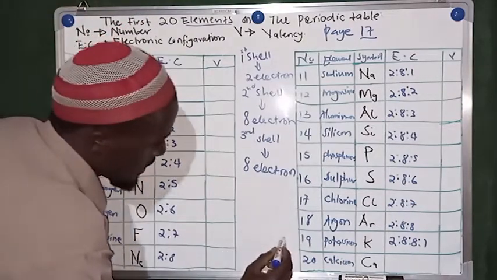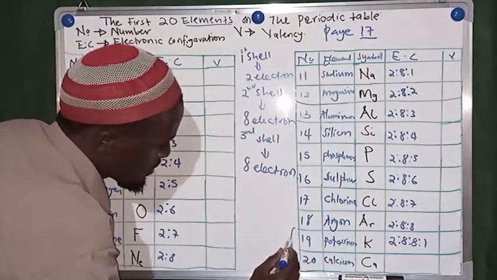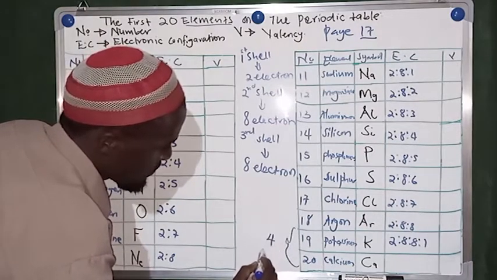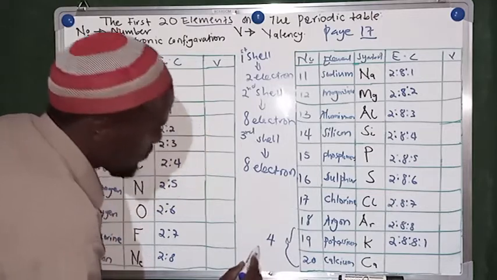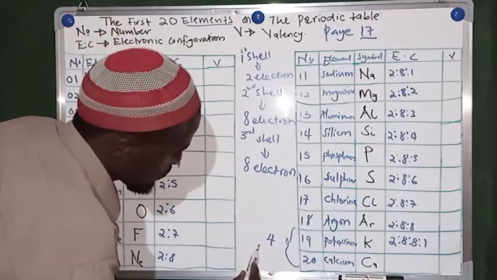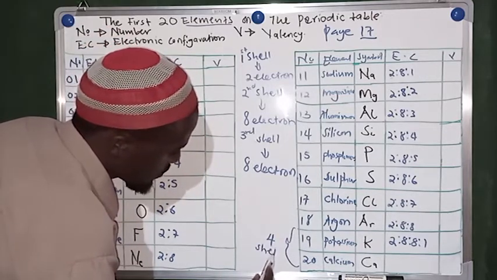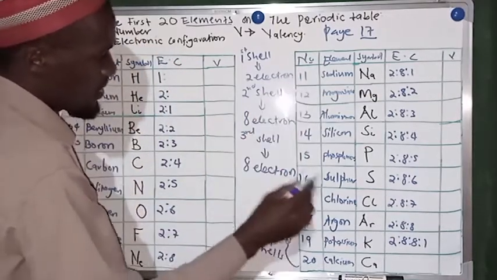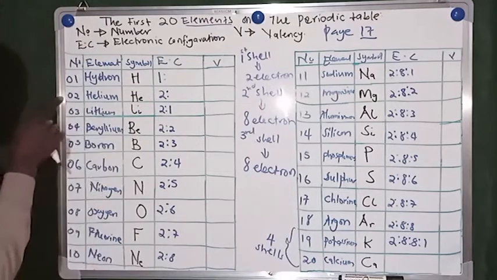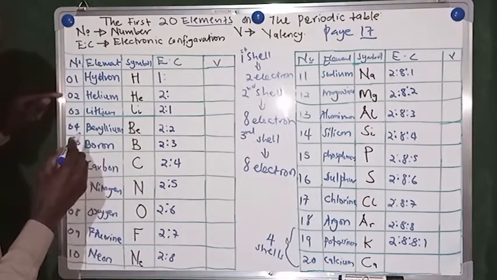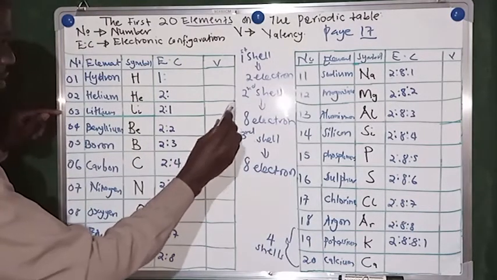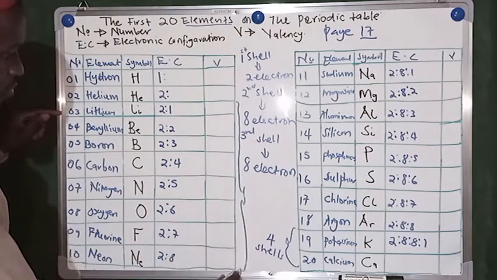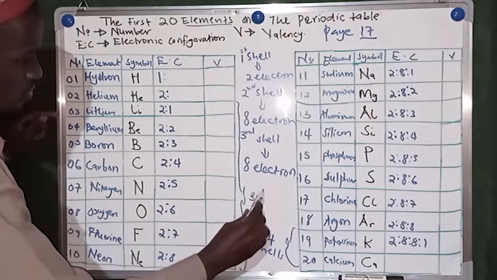So here, these two have four shells. These ones from sodium to here have 3 shells. These ones from here to here have 3 shells.